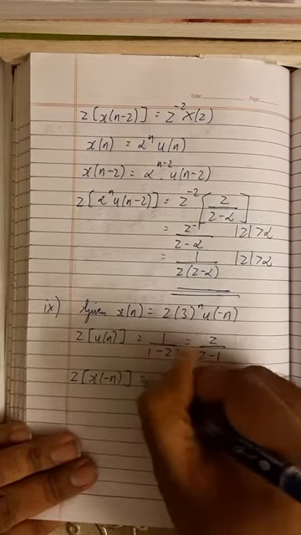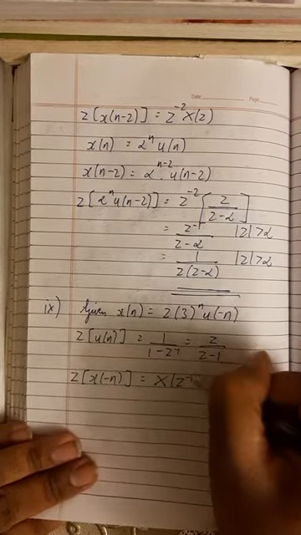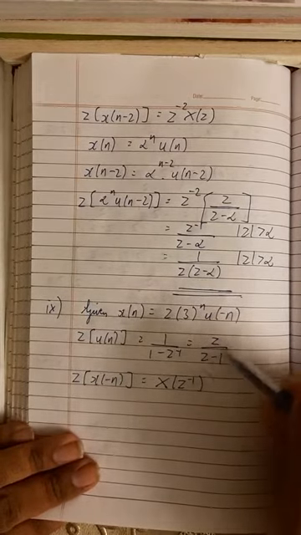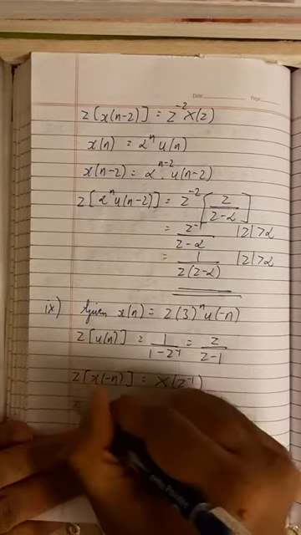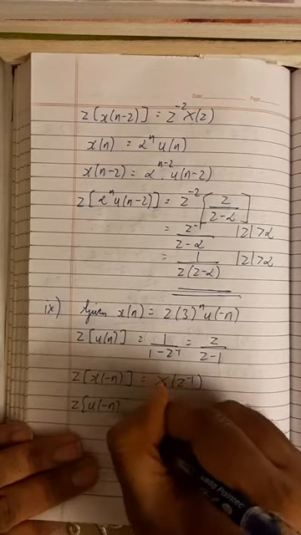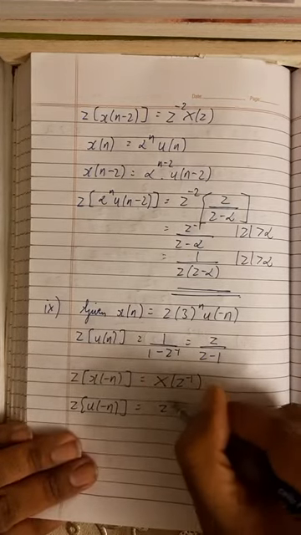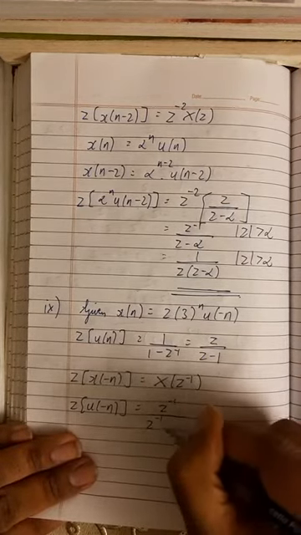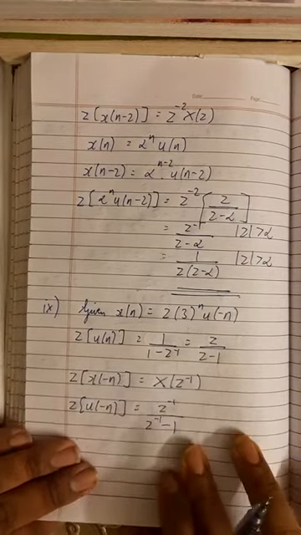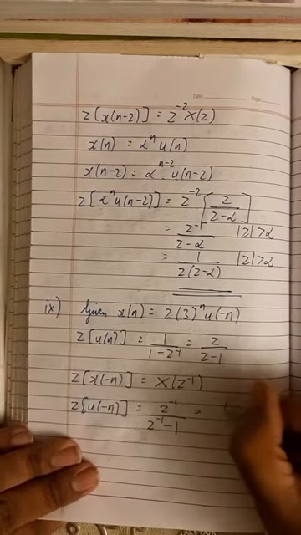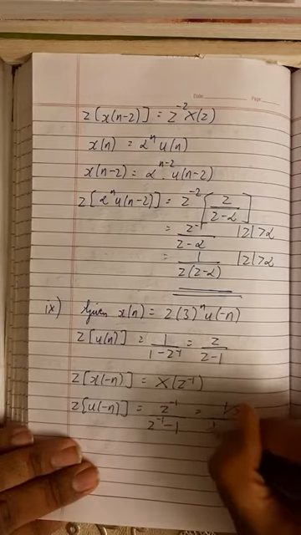Then we know that the Z transform of x of minus n is x of Z inverse, which means replace every Z with Z inverse. So the Z transform of u of minus n is Z inverse by Z inverse minus 1, which is 1 by Z divided by 1 by Z minus 1.